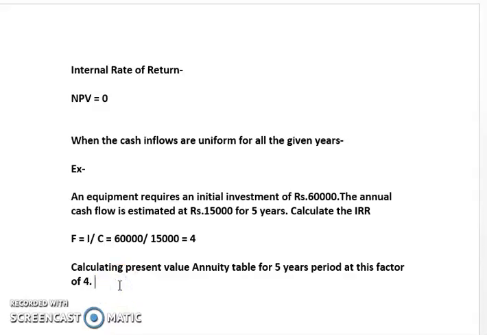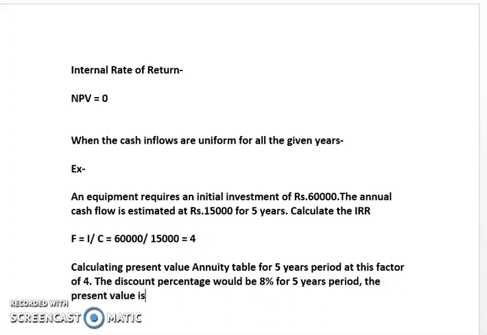That's how we locate the internal rate of return in the annuity table. The discount percentage would be 8% for the 5-year period, because the present value from the annuity table we located is 3.9927, which is nearly around 4.